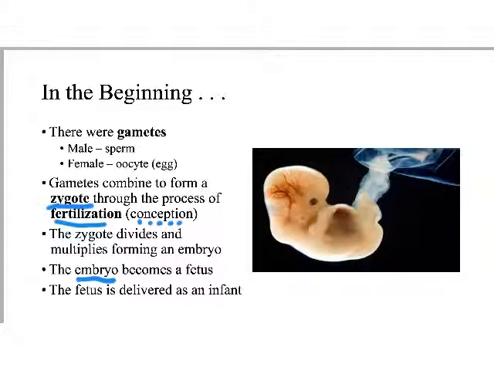When the fetus has reached maturity, hopefully, it will be delivered, and once delivered, we call it an infant. So when it's inside the womb, we call it a fetus, and when it is delivered outside the womb, we call it an infant.